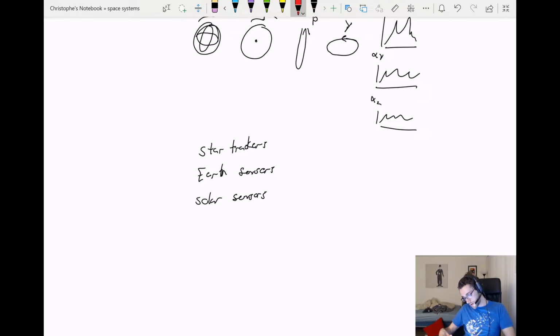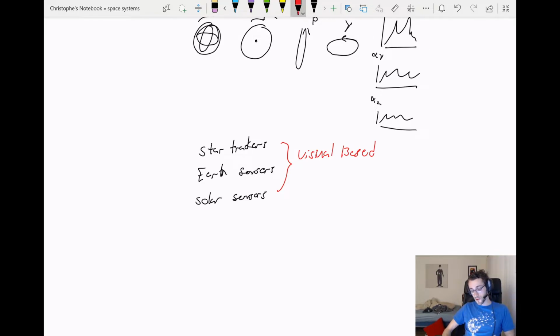Now all of these are visual based. So they are taking imaging data. So they're taking visual data from one source or another and using that to calculate your attitude.